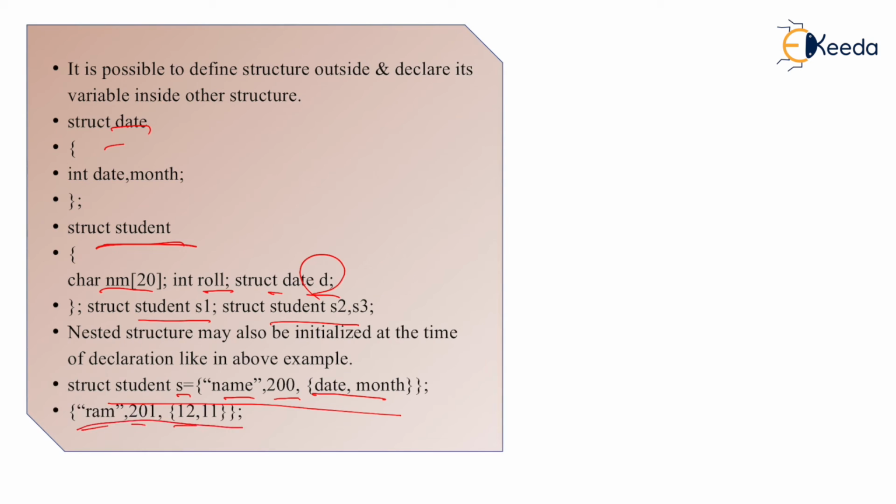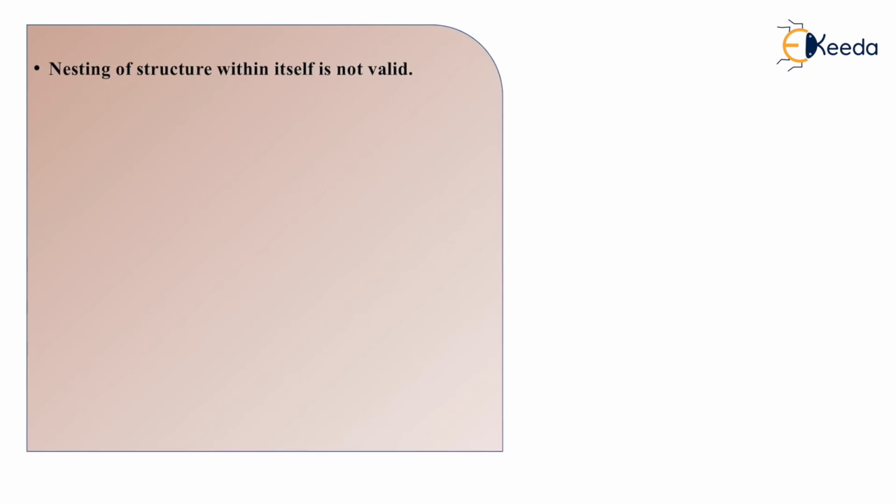While declaration also we can provide the values, and on the basis of those values we can initialize the structure. Nesting of a structure within itself is not valid. Are you getting it? So a structure cannot call itself, like recursion in a function. It is not possible for a structure.